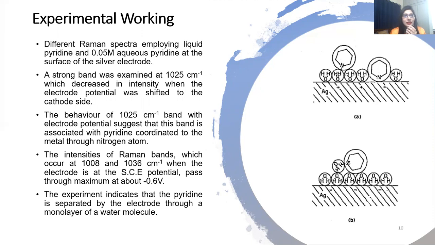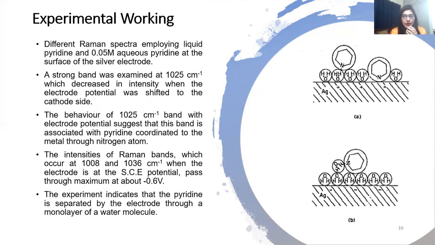The paper has led to a broad analysis of the double layer structure of electrodes as well as the interaction of different species. The experiment indicates that the pyridine is separated from the electrode by a monolayer of water molecules.